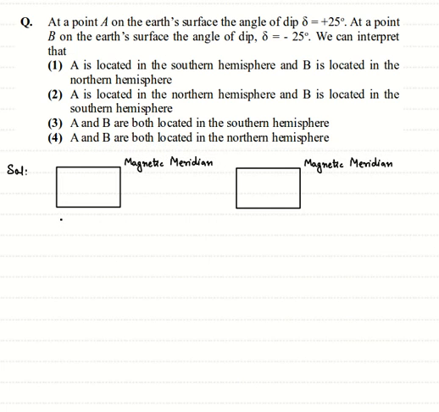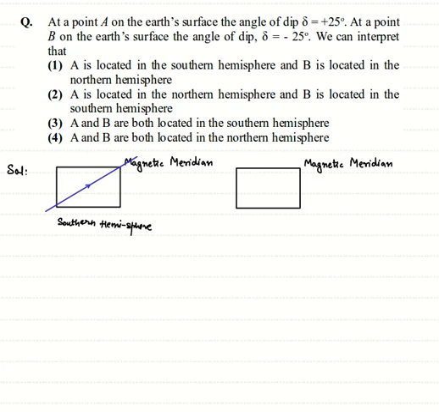If we are in the southern hemisphere, what is observed is that the magnetic field lines tend to be inclined like this, they move up like this.